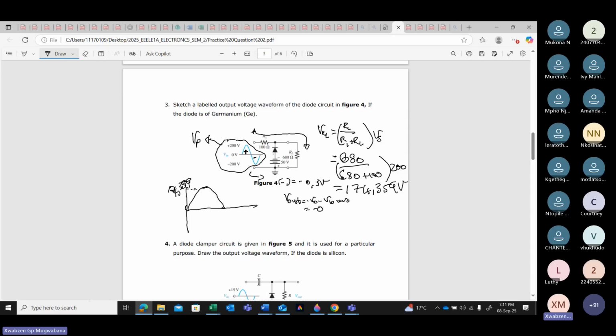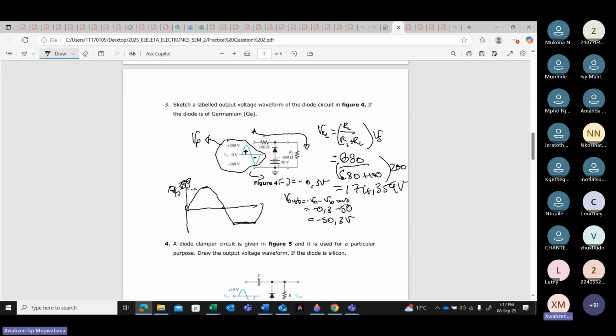Minus 0,3 volts minus your bias, minus 50 volts, which will be minus 50,3 volts, which means your signal is going to be cut at minus 50,3 volts. So when the signal gets to minus 50, that is where it will stop. Then it completes that side where the output is at minus 50, something.